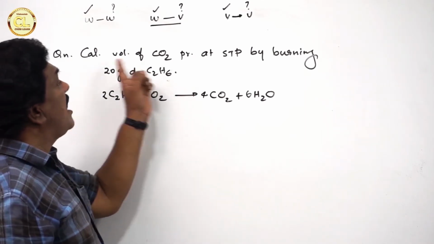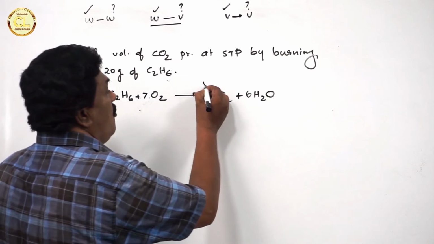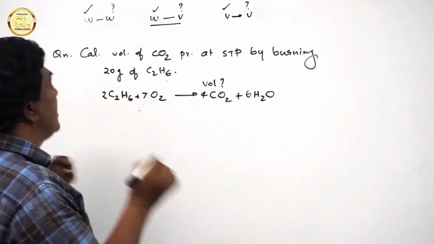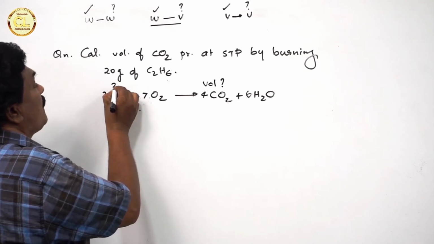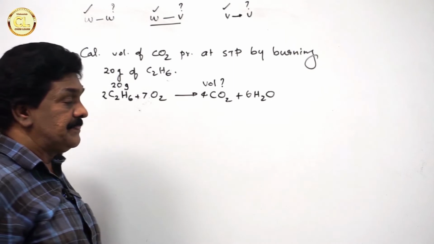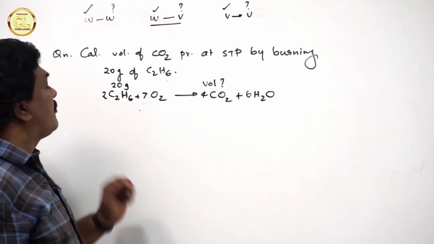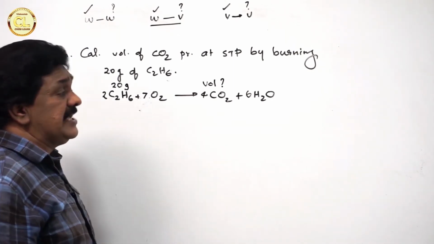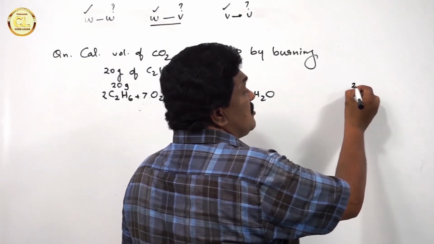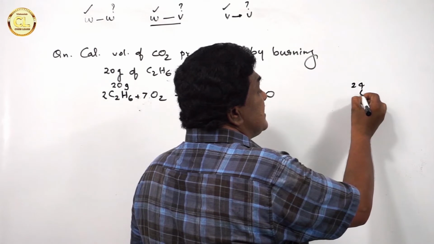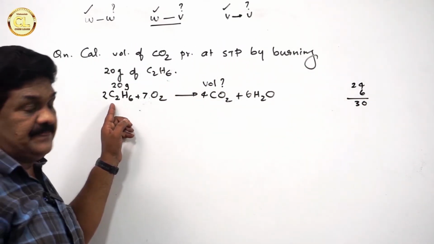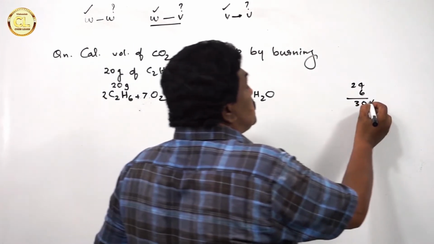We are asked to find the volume of carbon dioxide. And we are supplied with the mass of ethane taken, that is 20 grams. Now, according to the equation, there are 2 molecules of ethane. You know, ethane, carbon 2 into 12 is equal to 24. Hydrogen 6, total 30. That is the molecular mass of ethane. Now, 30 into 2. Why?